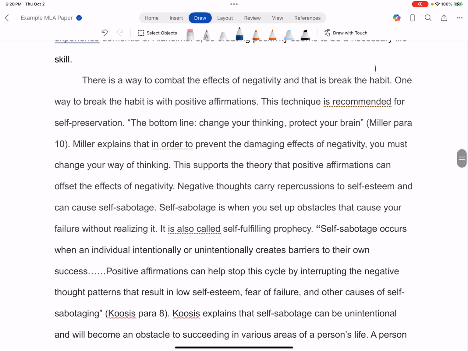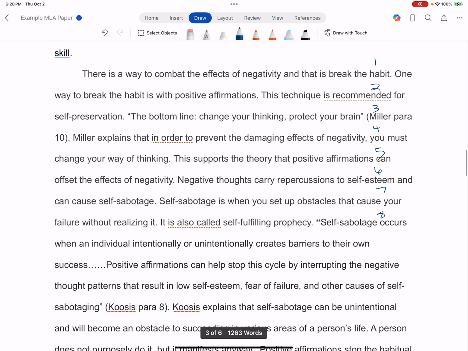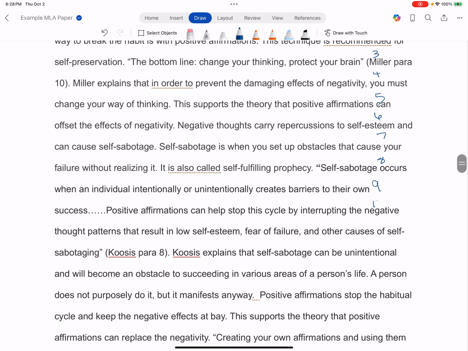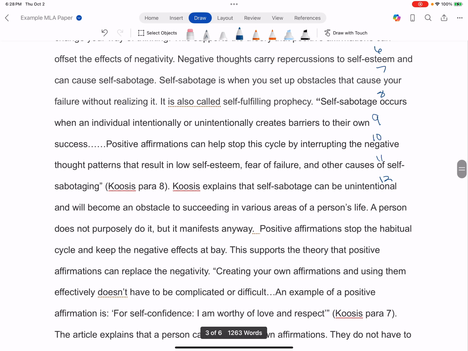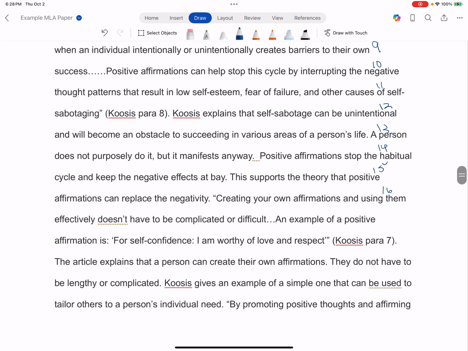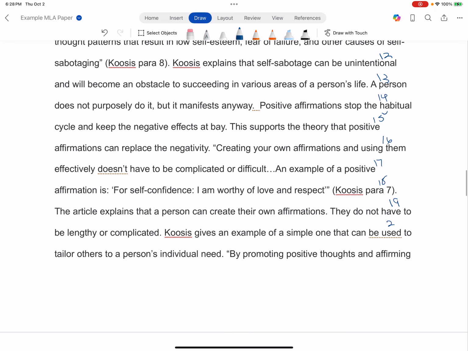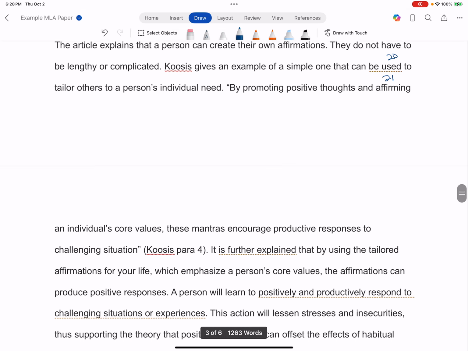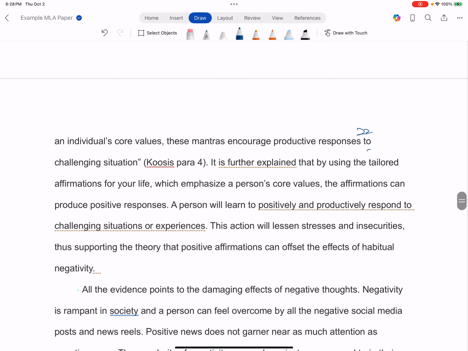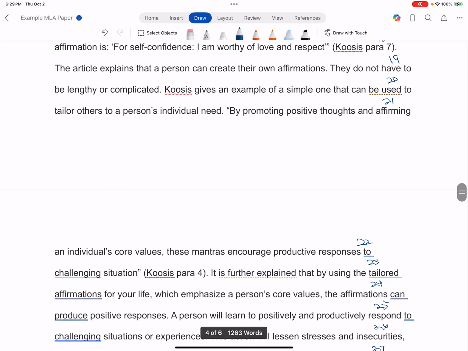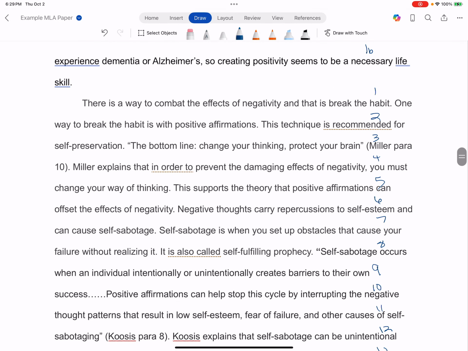So that's 1, 2, 3, 4, 5, 6, 7, 8, 9, 10, 11, 12, 13, 14, 15, 16, 17, 18, 19, 20, 21, 22, 23, 24, 25, 26, 27. We won't count that little bit right there. So now let's count the cited or the quoted material.